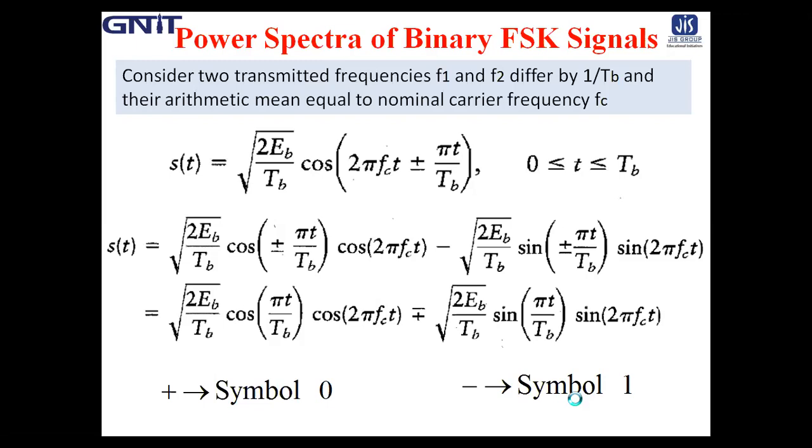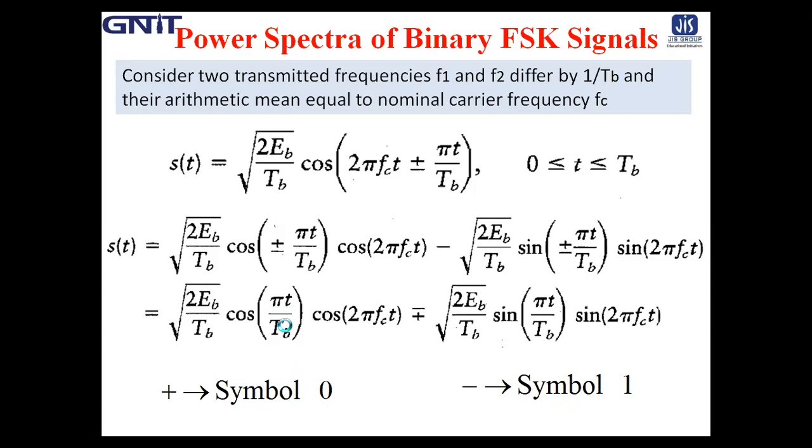Then we may make the following observation pertaining to the in-phase and quadrature components of a binary FSK signal with continuous phase. The in-phase component is completely independent of the input binary wave. It equals square root of 2 EB by TB into cos pi t by TB for all values of time.